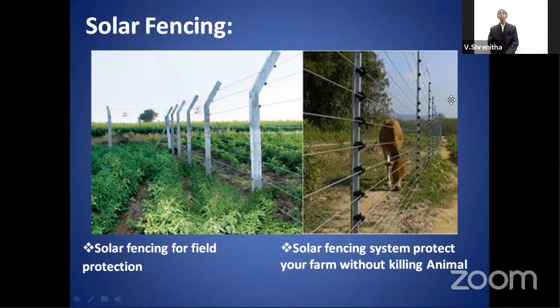In olden days when they fenced, many people died and wild animals also died due to electrical wiring shocks. But now there is no matter with electrical circuits, so that we can save our crop, we can save ourselves, and we can save our wild animals, which are very good, which are very endemic. So this is all about solar fencing technology, a very good one.